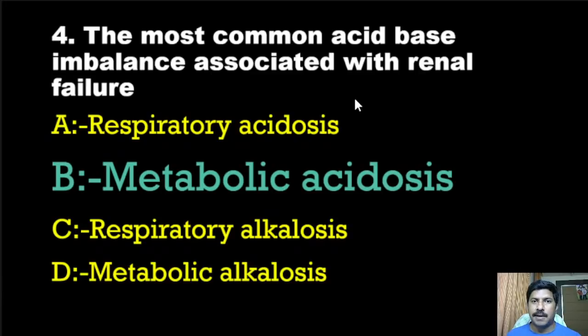Ammonia excretion usually happens through feces and urine. But in renal failure, ammonia excretion is impaired because the kidney is not able to excrete the normal amount of ammonia through urine. So one cause is decreased production of bicarbonate, the second cause is impaired ammonia excretion, and the third cause in renal failure is reabsorption of bicarbonate.